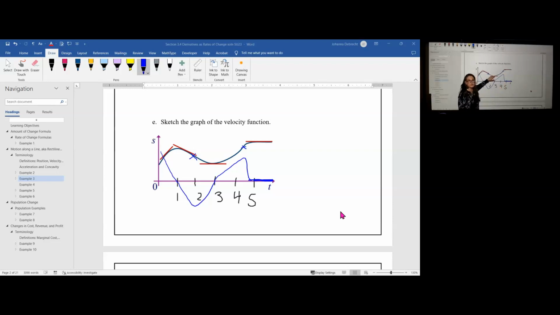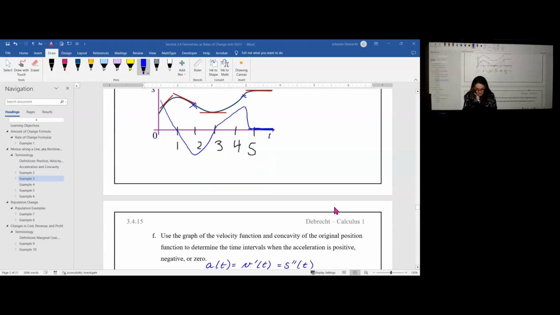Between the place where it stopped and where it reaches maximum velocity in an absolute value sense, it must be speeding up. Here, to the right of this maximum, it must be speeding up, but headed left in the negative direction.